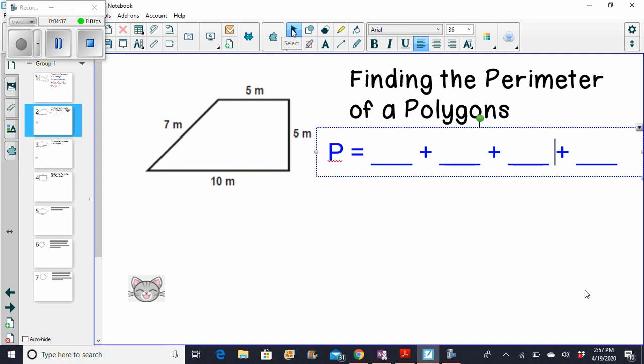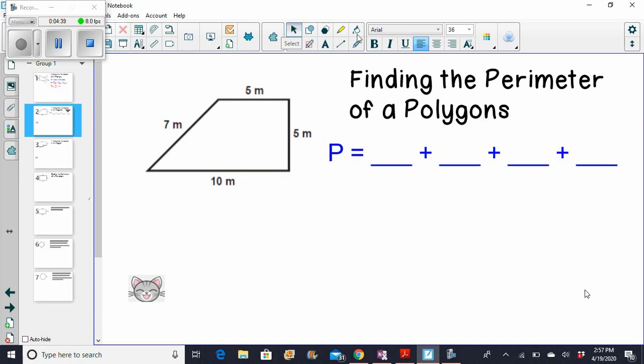So on your own paper, go ahead and get started on that. And I'm going to go through, and I always like to check these off. So I'm going to start with, I have 5 meters, right in 5, plus, then I have another 5 meters, another 5, then I have 10 meters.